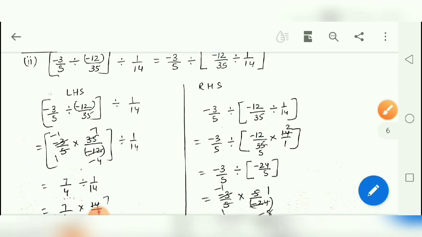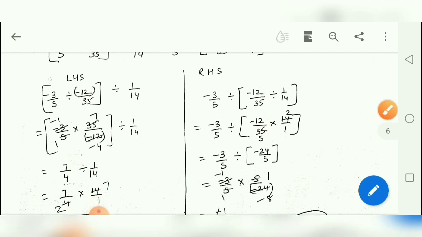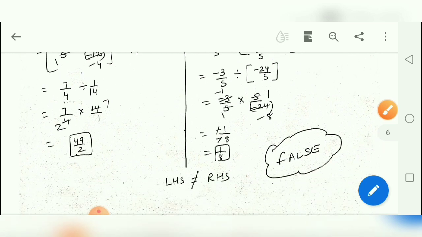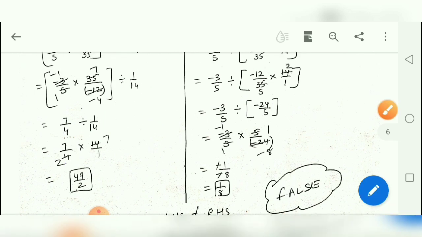Now let us do the next part. In the next part negative 3 by 5 is divided by negative 12 by 35, and first we will solve this bracket, then we will divide it by 1 by 14, and on left hand side we get 49 by 2 as the answer. Let us see what happens on the right hand side.